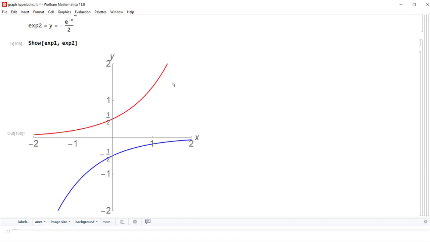When we combine the two graphs, we get the graph of sinh x. This is how the graph of sinh x comes about, but you can sketch it directly using the points of x.